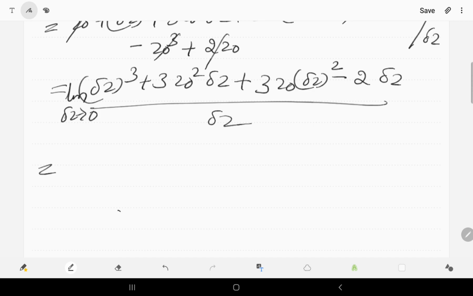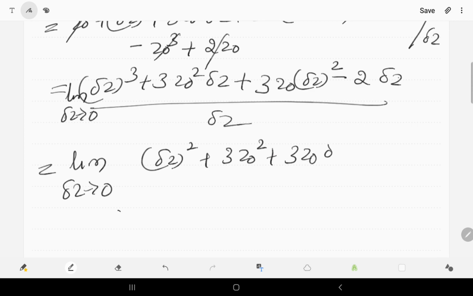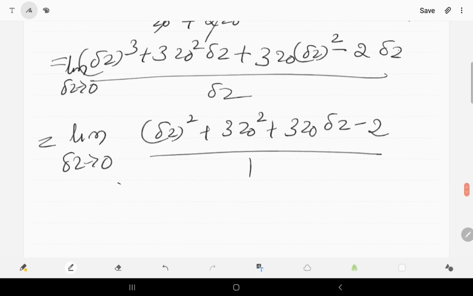So that is equal to, delta z is common in all 4 terms, therefore limit as delta z tends to 0 of (delta z square plus 3z naught square plus 3z naught delta z minus 2). Here there is no term in the denominator because delta z will get cancelled. As delta z tends to 0, this tends to 0 and this tends to 0, remains 3z naught square minus 2 is the answer.